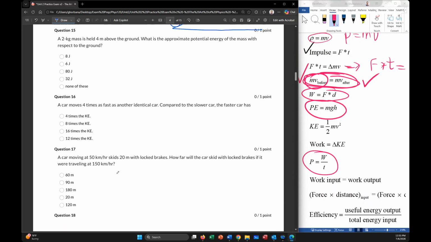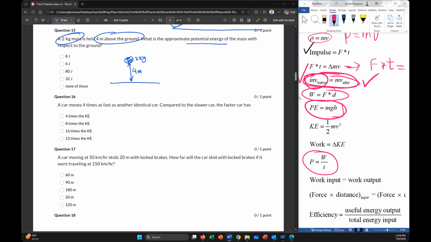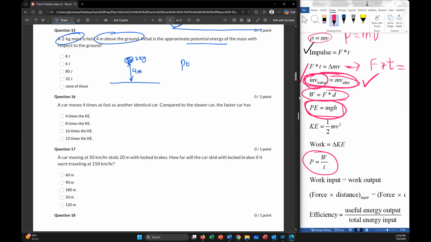So number 15: a 2 kilogram mass held 4 meter above the ground. So we have 2 kilogram mass. How many meter above the ground? 4 meter. Good. What is the approximate potential energy? What is the potential energy? mgh.